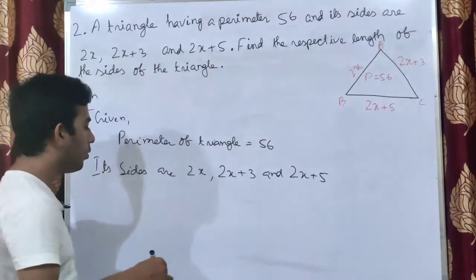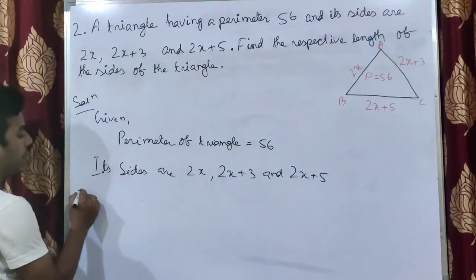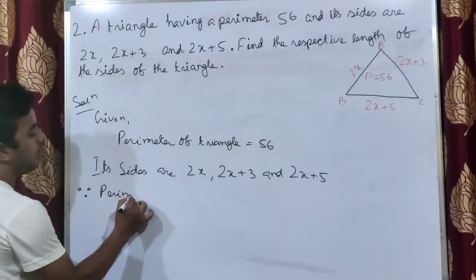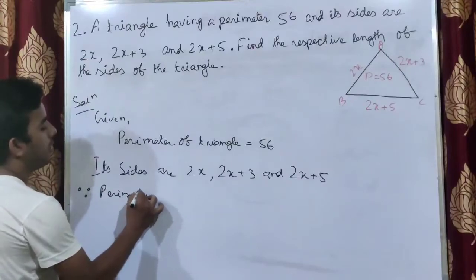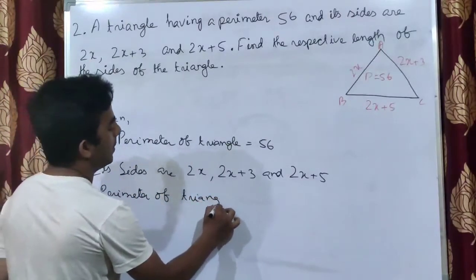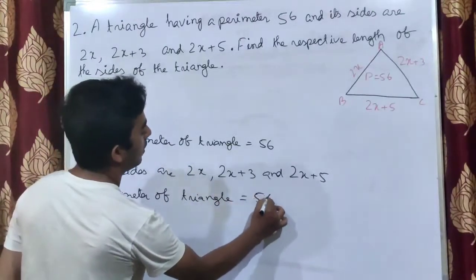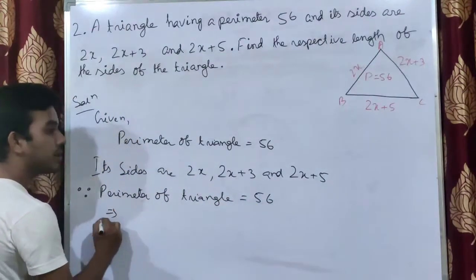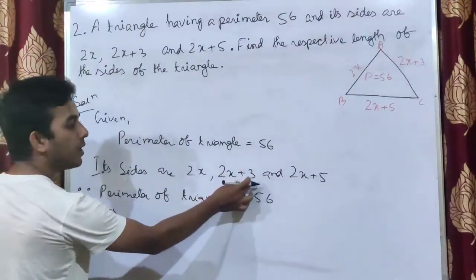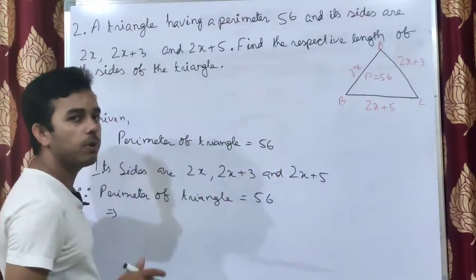Now we can write, since perimeter of triangle equals 56, and perimeter means the sum of all the sides, that is the sum of 2x, 2x plus 3 and 2x plus 5.